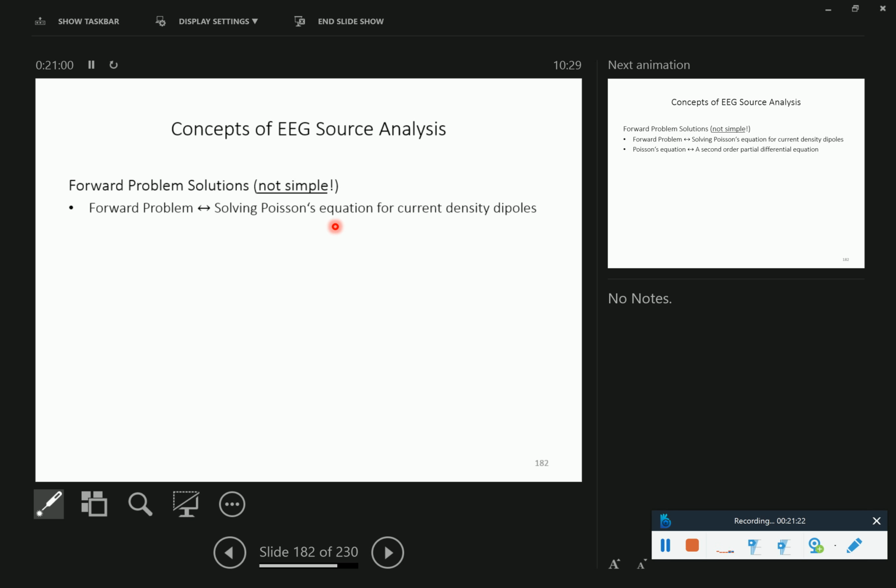So Poisson's equation is in the big canon of Maxwell equations. It's a partial differential equation, actually a second order partial differential equation, that defines an equation for the potential at a given location in space, given that you have an electrical source somewhere in space.